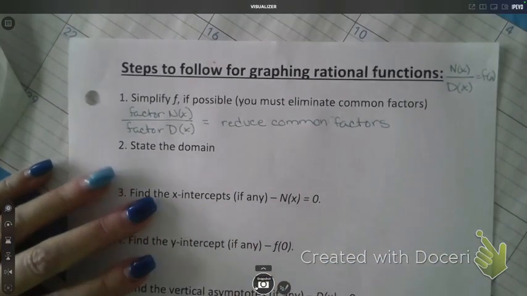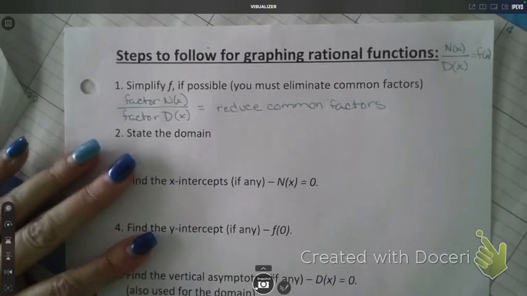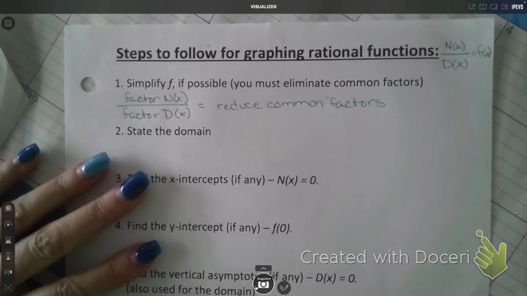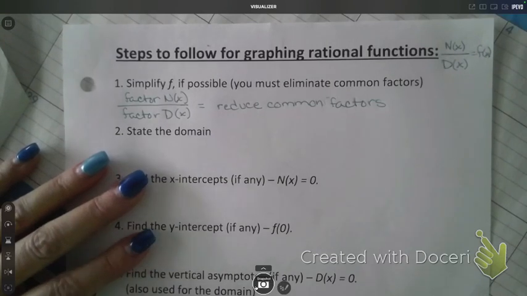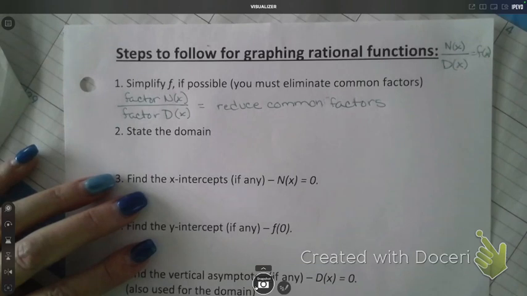So, state the domain. You had to write the excluded values, that is the same as the domain, correct? How did you find excluded values? Look at your worksheet if you need to. Is it like vertical and horizontal asymptotes?